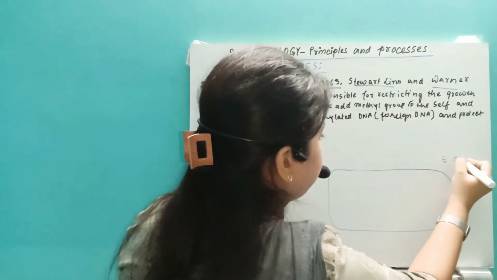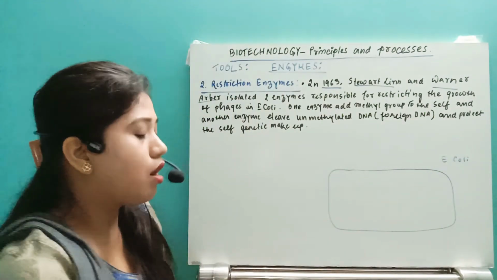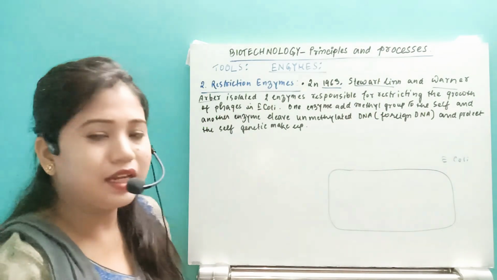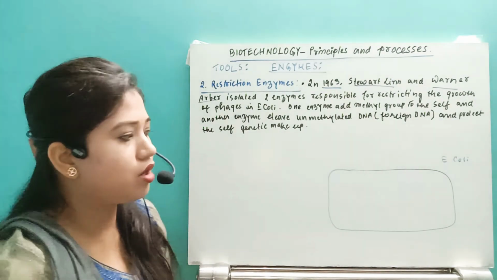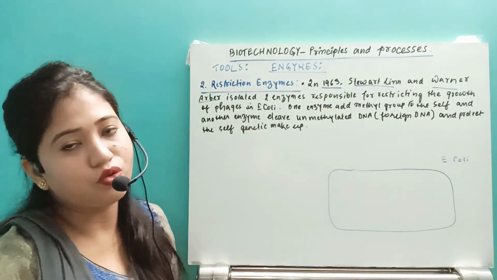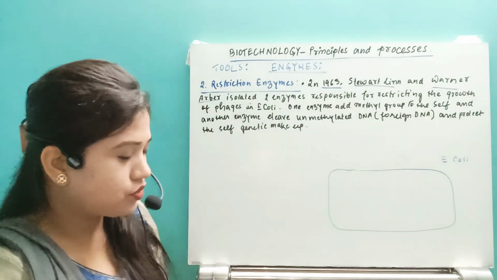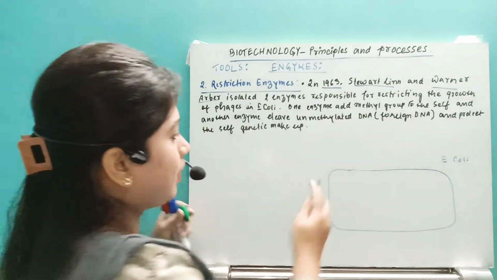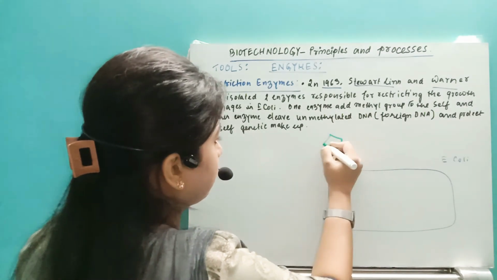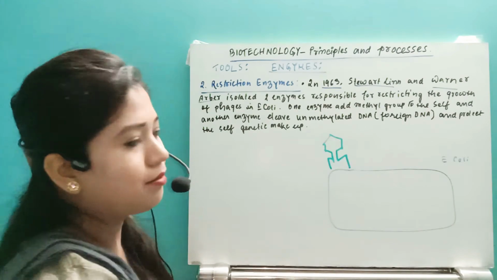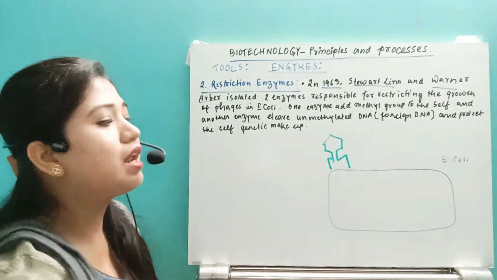E. coli. Now, in the case of E. coli, they have no immune system or defense system so that it can restrict the growth of the phages. So this is the E. coli, and this viral progeny, suppose this is a bacteriophage, will enter inside the bacteria and multiply.